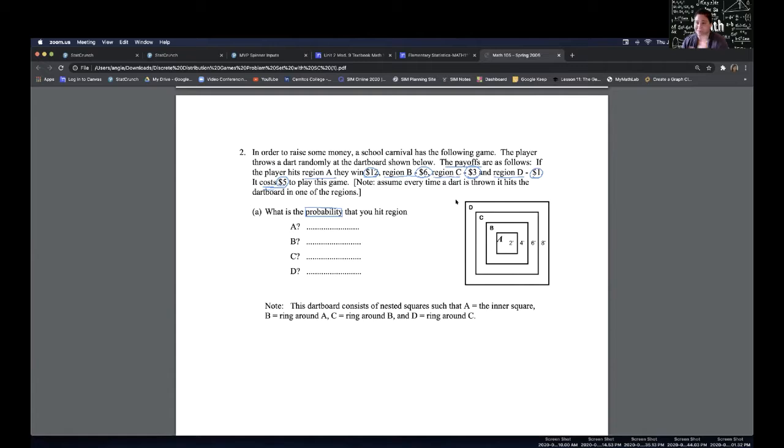So the first thing, this outside square of the dartboard is 8 feet. If I wanted the whole square, how much is the area of that whole square? You guys remember? 64.